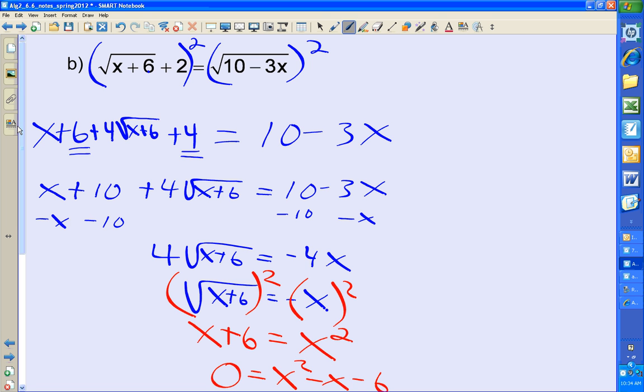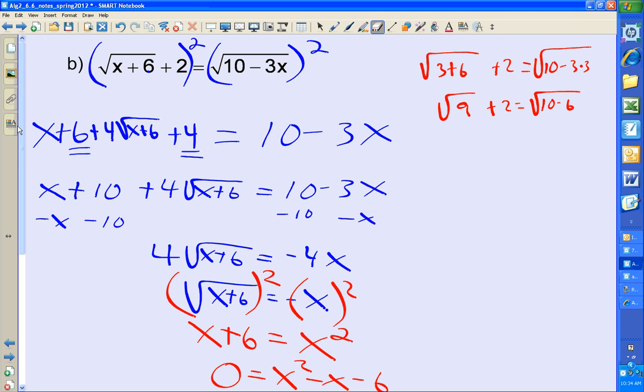When you check the 3, you're going to get the square root of 3 plus 6 plus 2 is equal to the square root of 10 minus 3 times 3. This is root 9 plus 2, and this is root 10 minus 9.